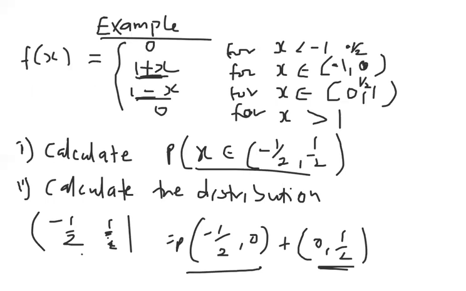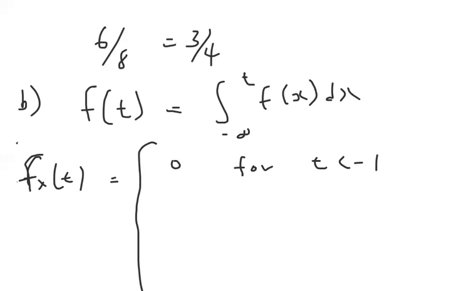Now the next one is for x belonging to -1 with 0 not inclusive. That means I'm going to integrate from -1 up to t, and f of x becomes 1 plus x dx.